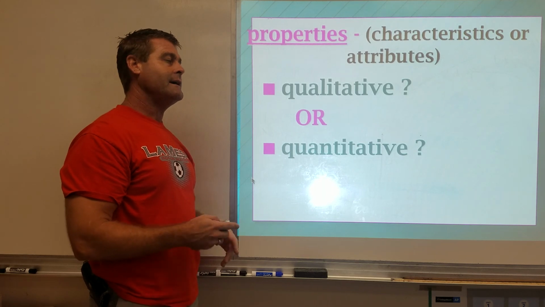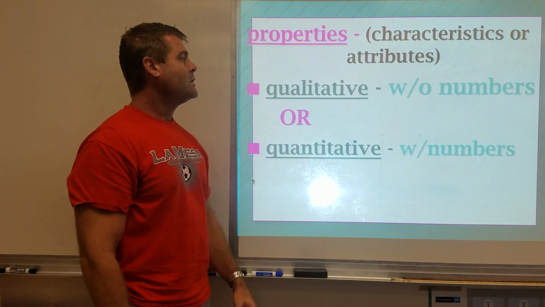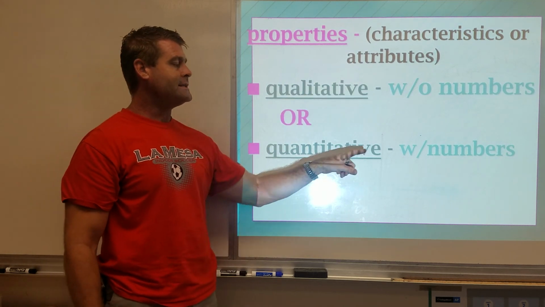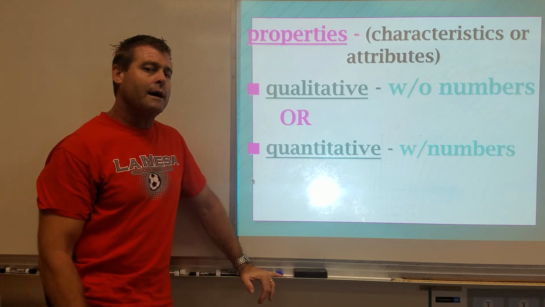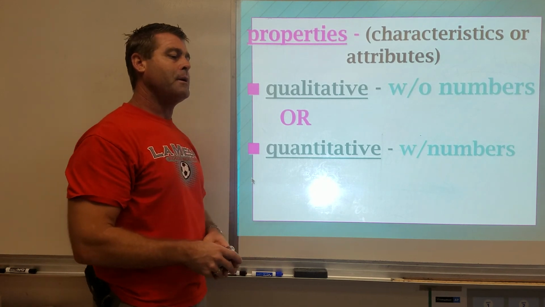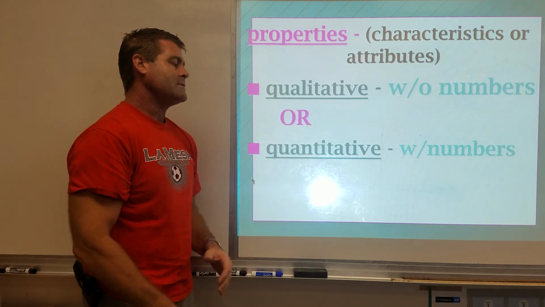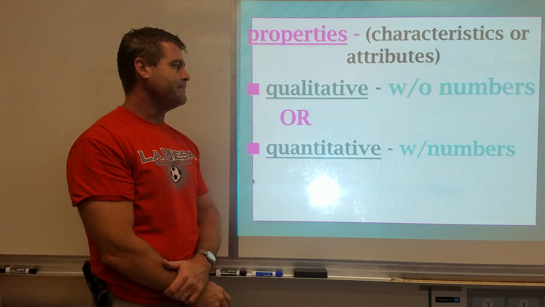Qualitative is without numbers, quantitative is with numbers. Once again, I go quickly here because you have the option to pause the video. Normally I wouldn't go this quick in class instruction.